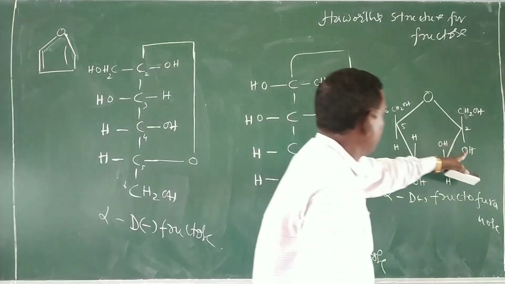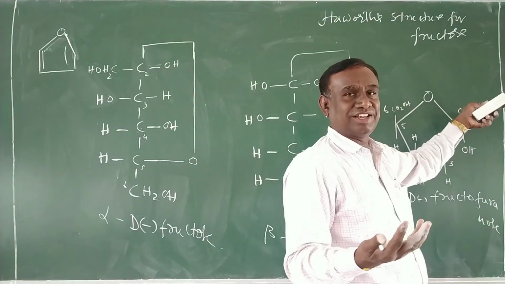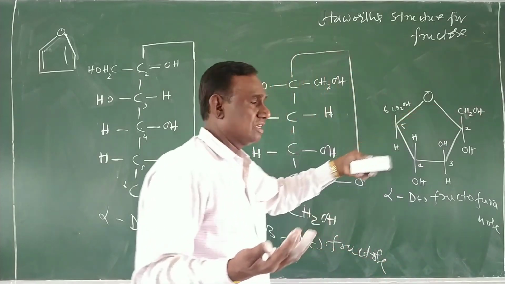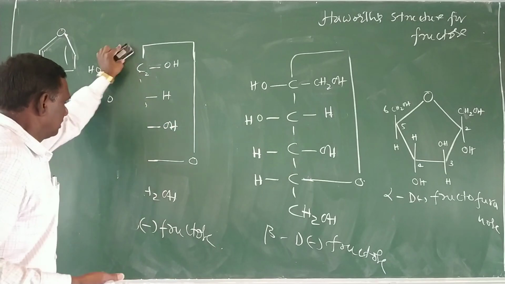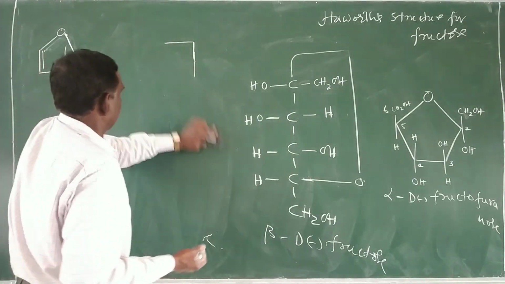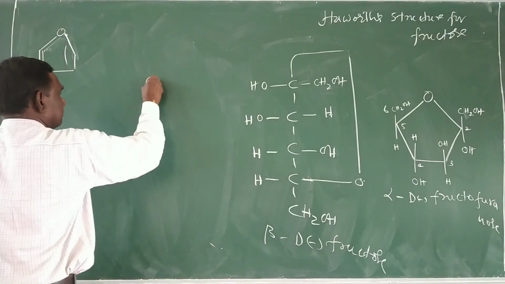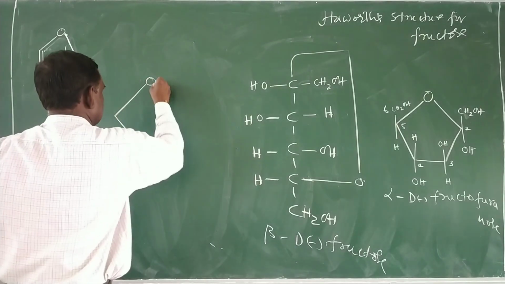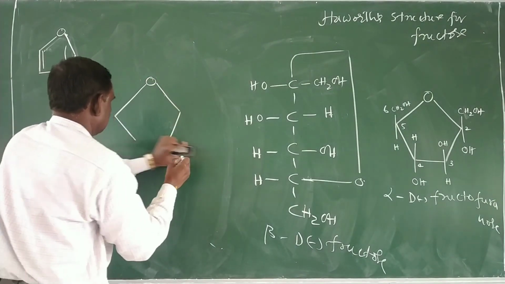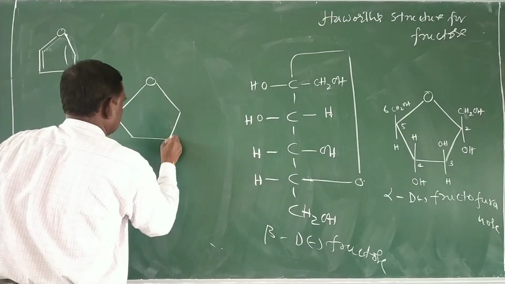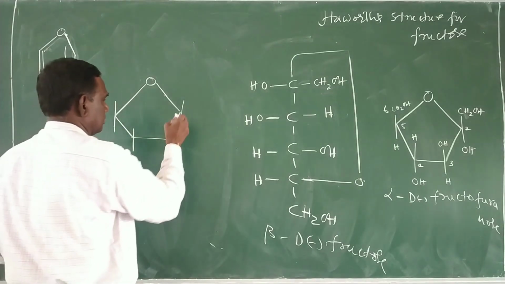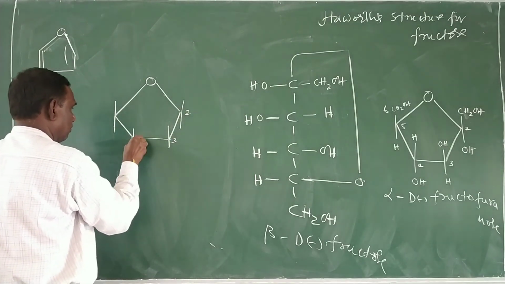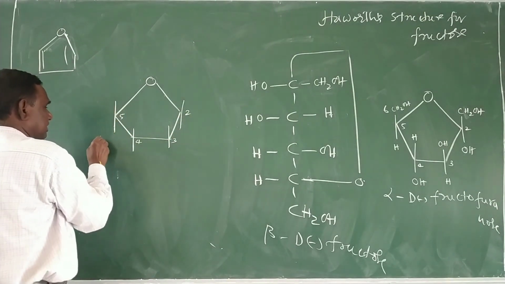So now beta D means you see, OH and CH2OH are different. That's all. I am going to write the structure here again. So this is 2, 3, 4, 5. That is 6.